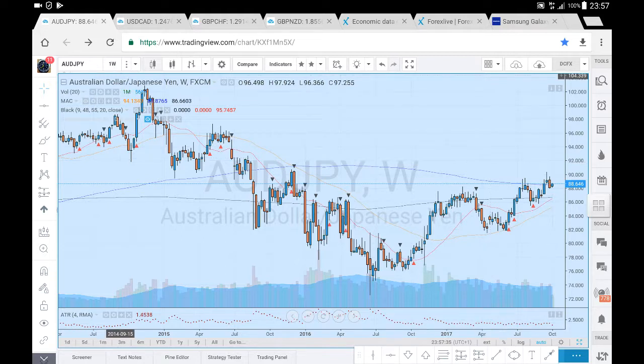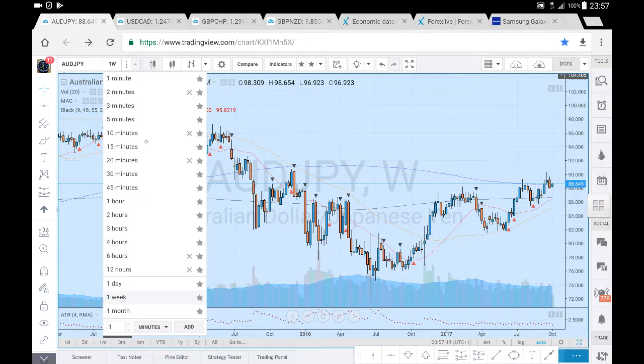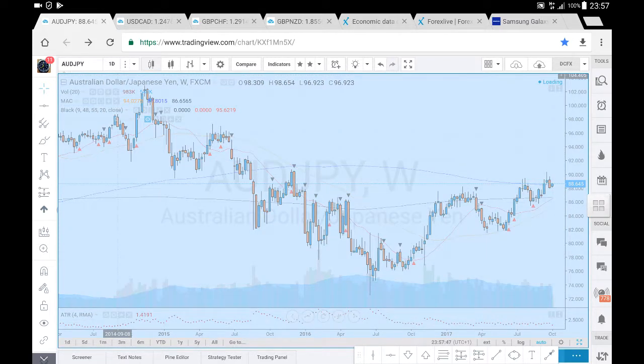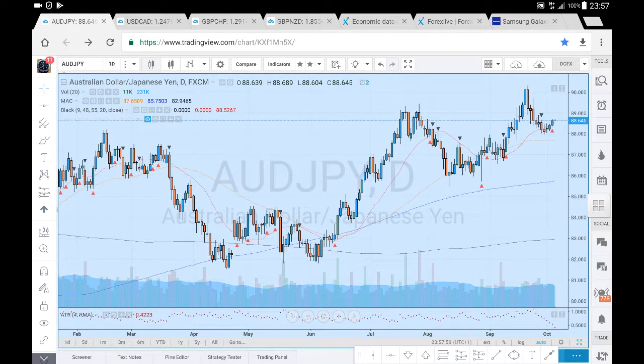So my overall view was biased to the long side, and now I've been given the signal to go long. So overall, AUD yen long based on EOD analysis and the signal on the daily time frame for my EOD trading system.